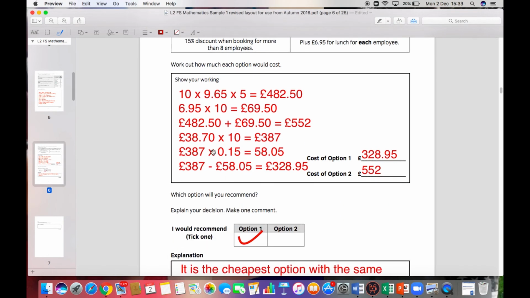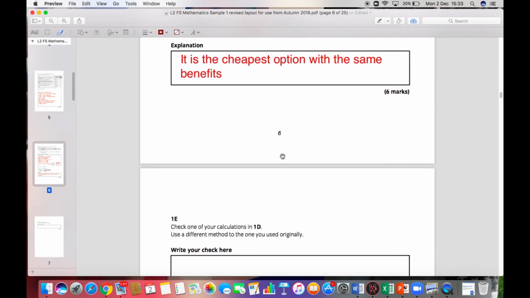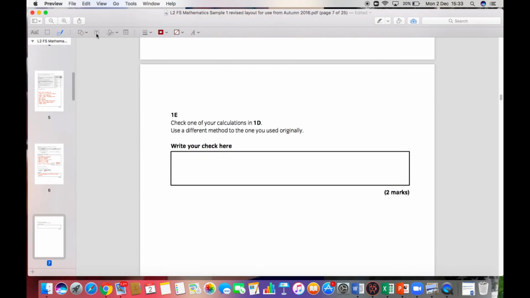So 387 times 0.15 gave me £58.05. That is like saying I want 15% of 387. So instead of doing it that way, I'm going to do it a different way. The calculation I'm going to check is 15% of 387, and the way I'm going to check that is to find 10% first.